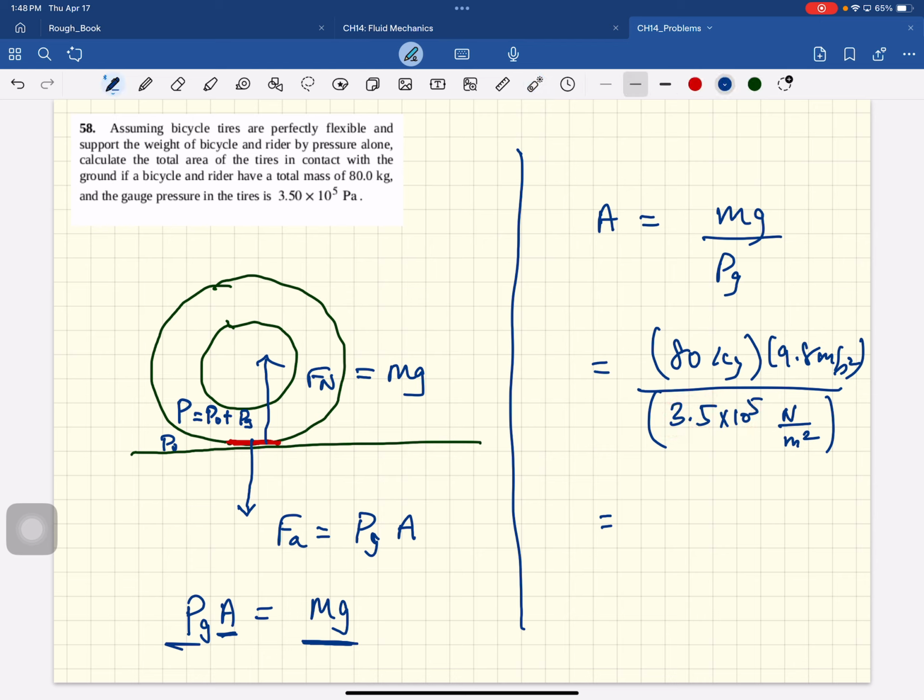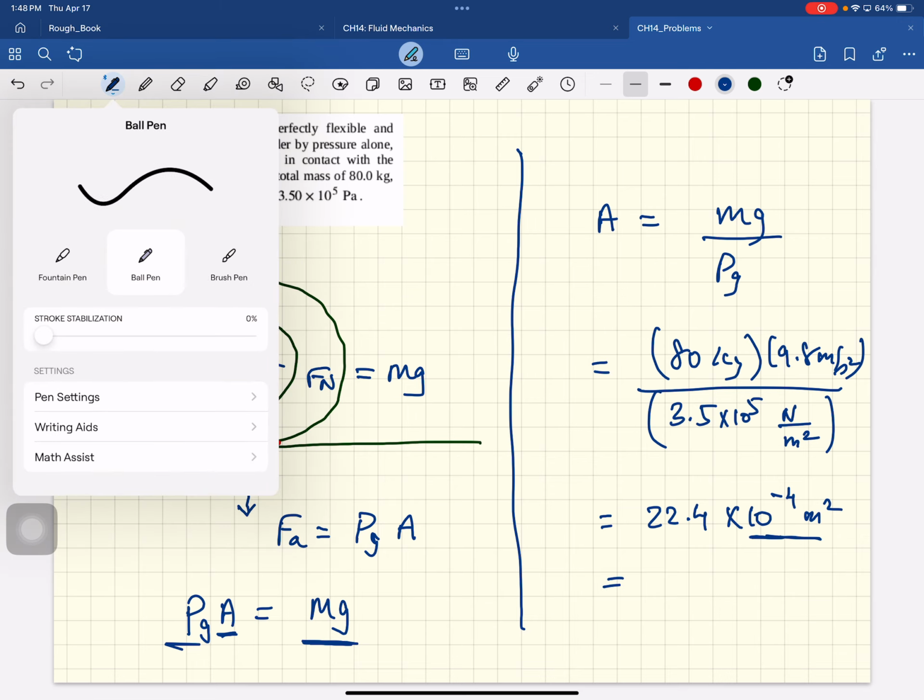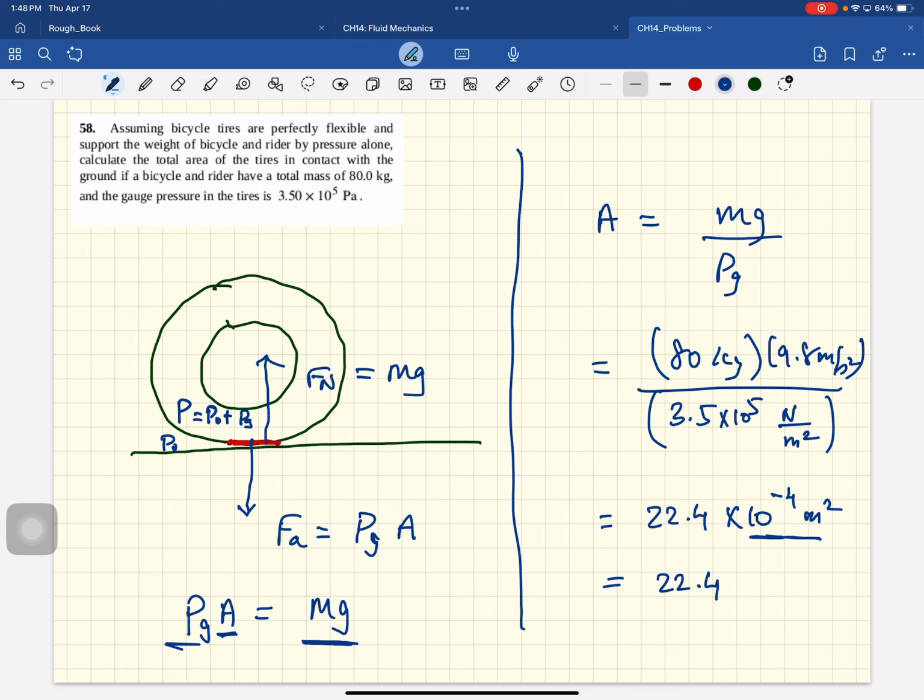So 80 times 9.8 gives 22.4 times 10 to the power minus 4 meters squared. And this is in centimeters squared, so this is 22.4 centimeters squared.